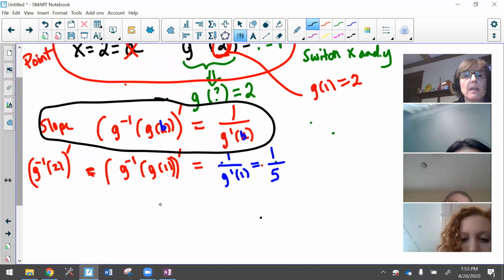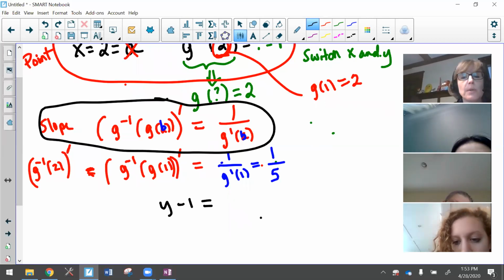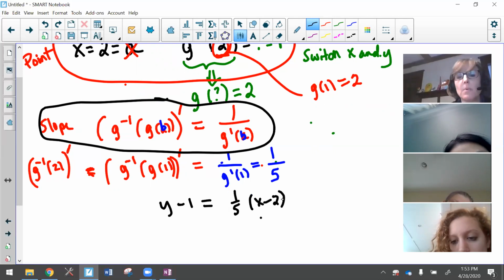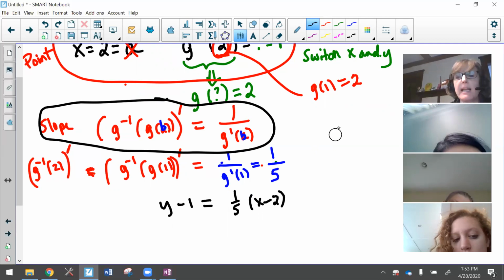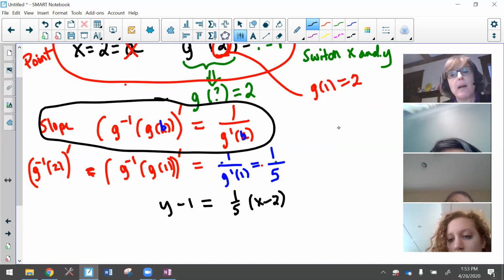So then we would take y minus 1 equal to 1/5, that's the slope, times x minus 2. And then if I did my math right, which I did in my head, so I may not have, you can solve that for y.